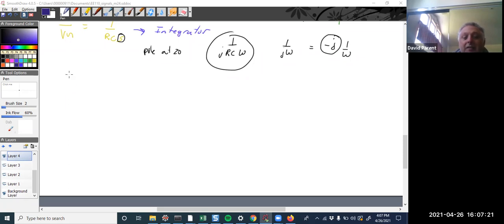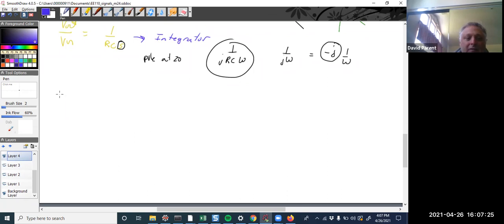So now we want the step response of that. I'm just going to redraw what H of S was, 1 over S. All right, what's the step response? Well, V out step is H of S times a step, 1 over S squared.